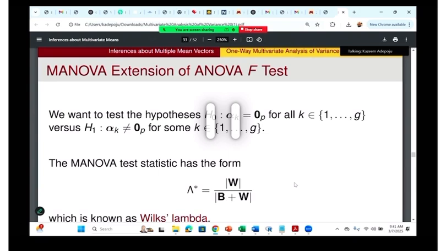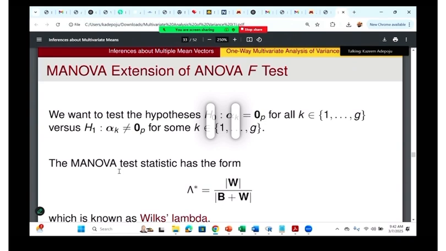Of course, if you obtain your W and B, and I told you they are matrices on their own, you find the determinant of W. You add matrix B to W. Don't forget, that was the reason why when we started early in the semester, we were adding matrices together, we were multiplying matrices. Now we want to make use of that. Without knowledge of matrix algebra, there's going to be difficulty moving forward.